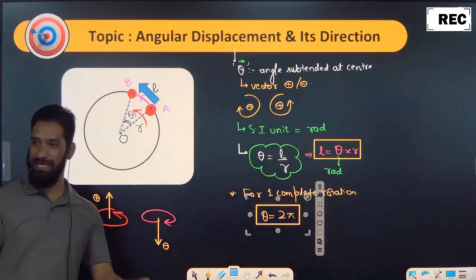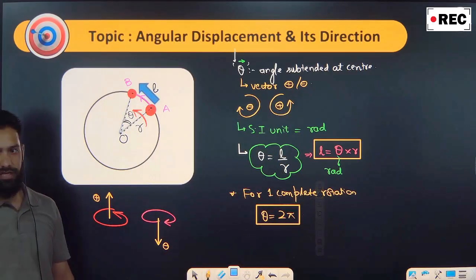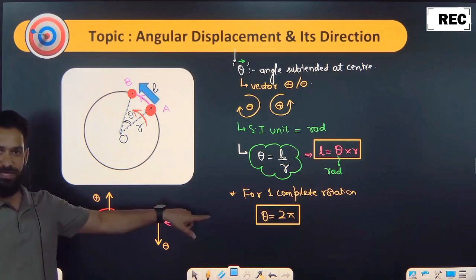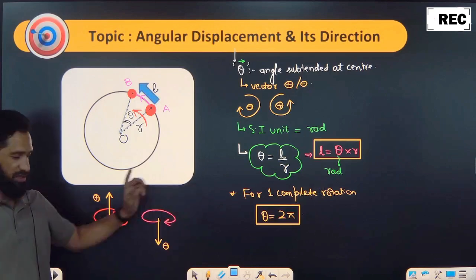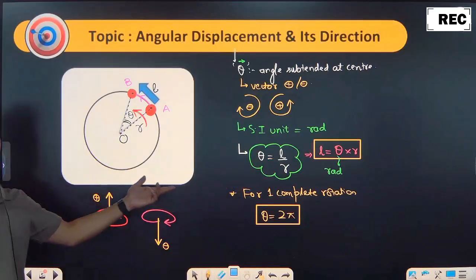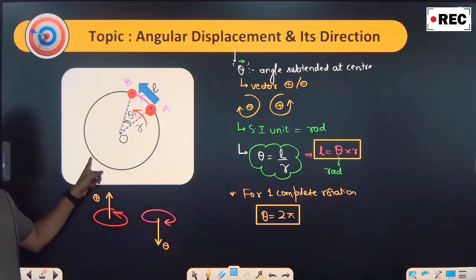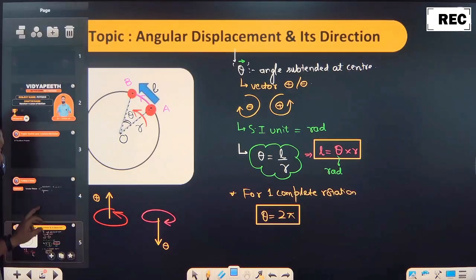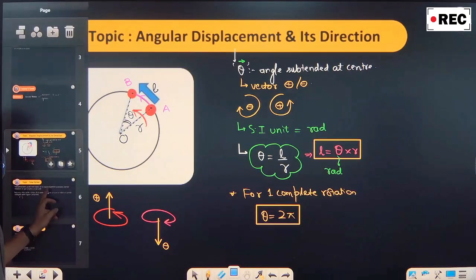But what is the displacement? Displacement is 0. Is angular displacement 0? No, it's not 0, right? Likewise, for half of the rotation, when it is at the diametrically opposite end, it is pi, right? For quarter of the circle it is 90 degrees, pi by 2, and so on.